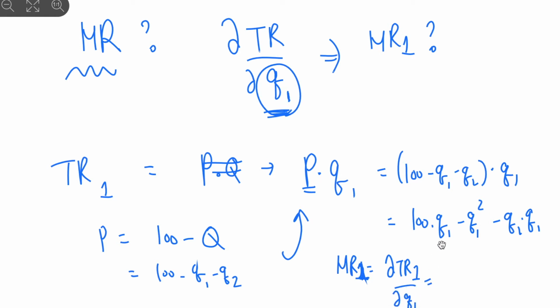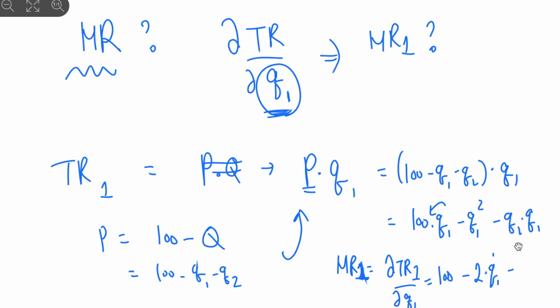So what we have is the power goes down, so 100 times 1 times Q1 to the power of 1 negative 1. So we got the power of 0, so it's only 100. Negative, what? 1 times the power goes down, so 2 times Q1 to the power of 2 minus 1, so 1.